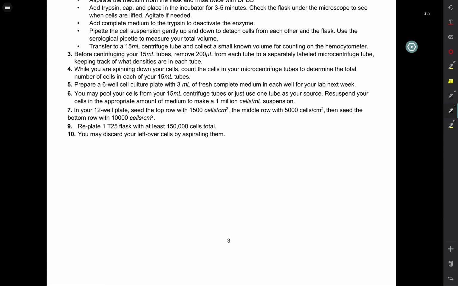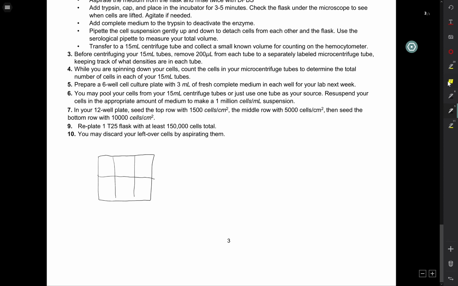I want to spend a little bit of time going over the context of the next few labs. In these first 2 cell culture labs, what you've learned to do is how to take care of your cells, how to seed them into different well plates, how to count them and so forth. What you're going to be doing next is learning different ways to figure out how many cells you have in these particular wells without passaging them and counting them under the hemocytometer.